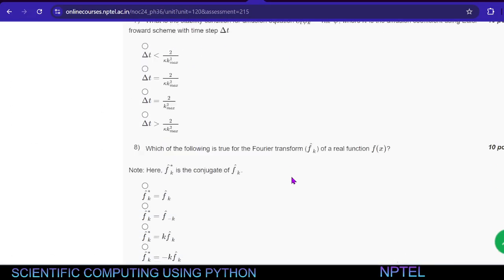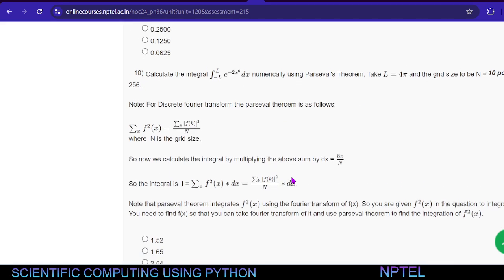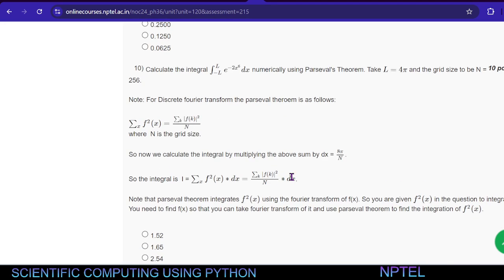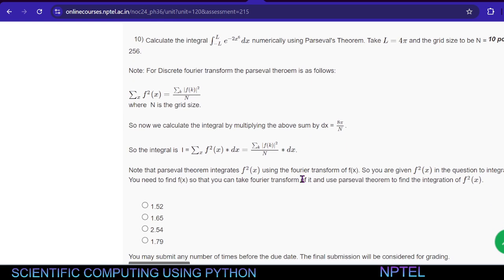Okay, and that question number 10 also. This one, yeah. Parseval's equation. So it is not in this week's content, so it may be in next week, because assignment 9, like videos for the ninth week, is already live.